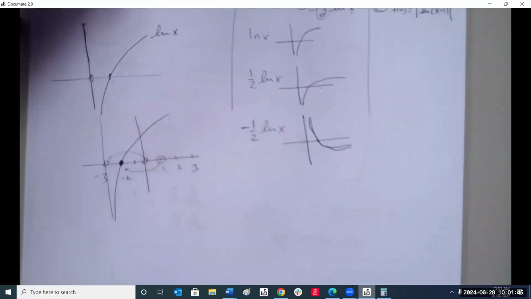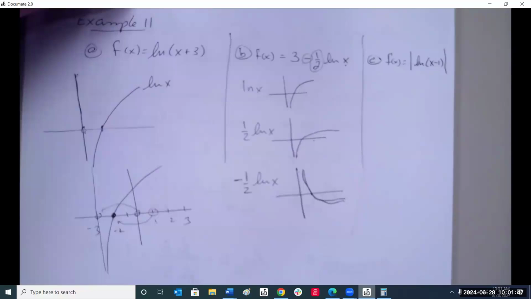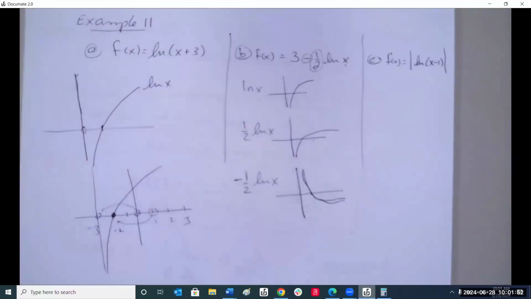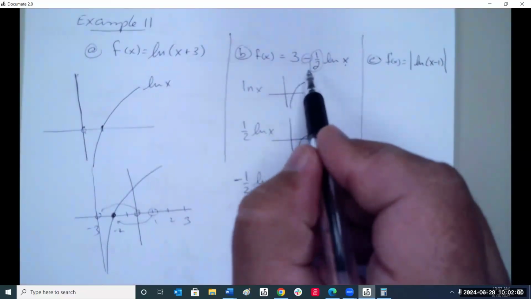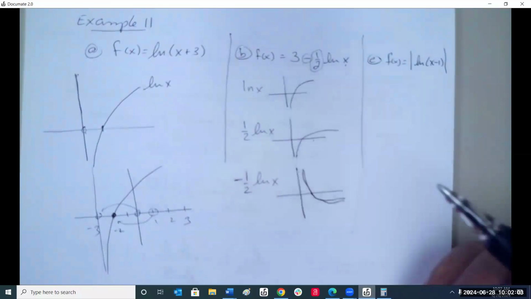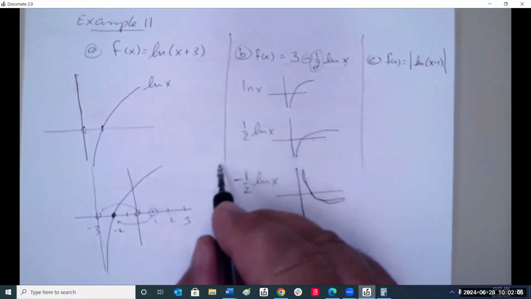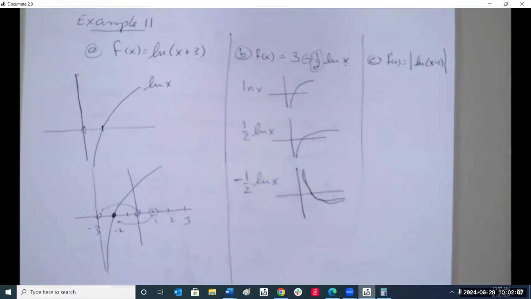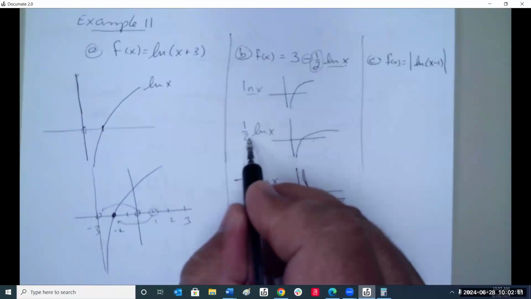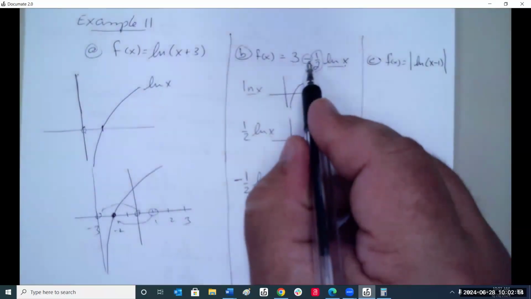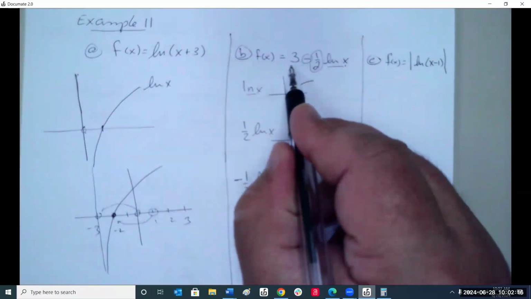And then what's the last transformation? No, we're still doing this one. We haven't finished this one yet. We did ln x. That's this one. We did 1/2. We did minus. What about the 3?